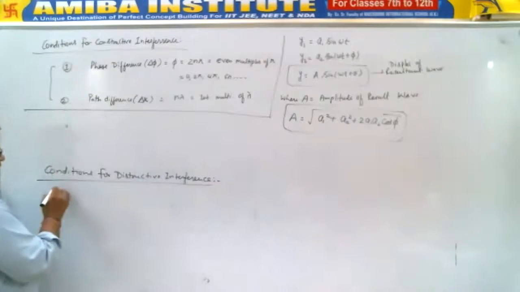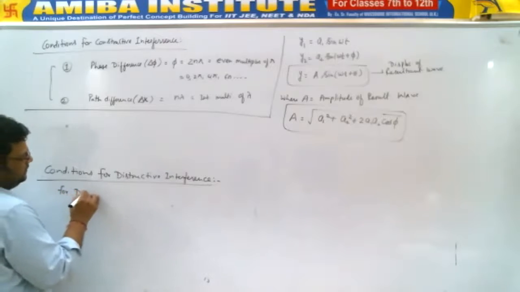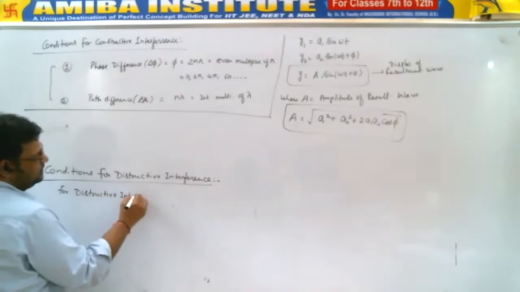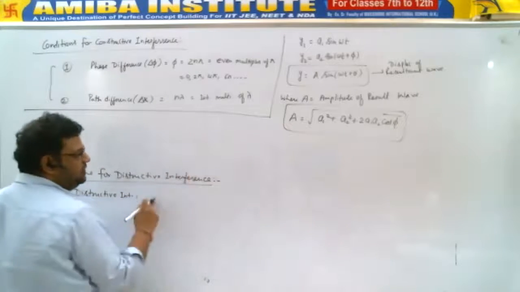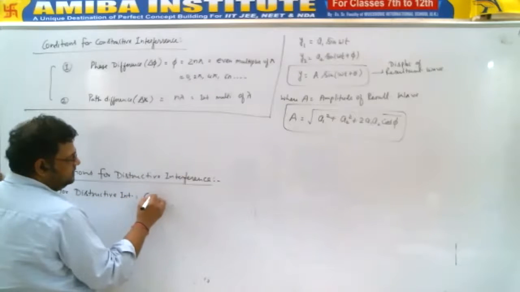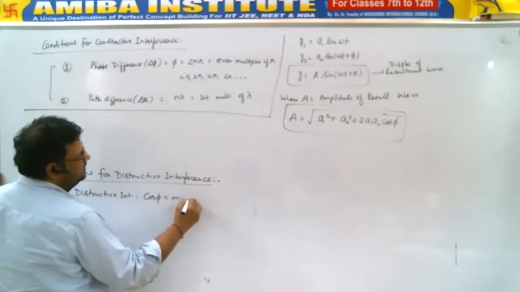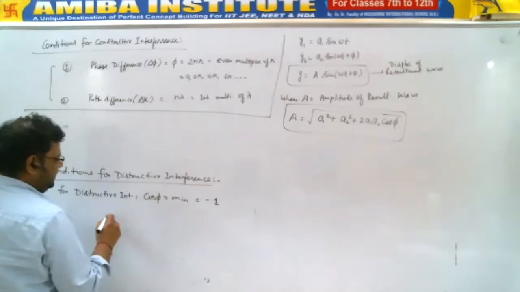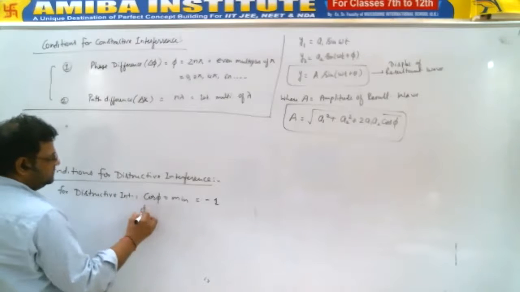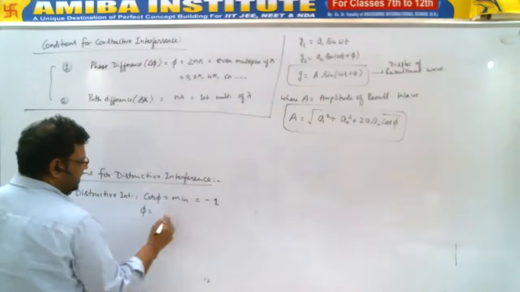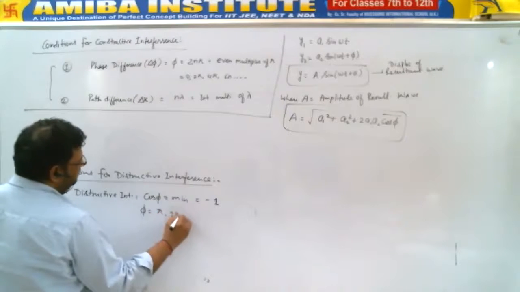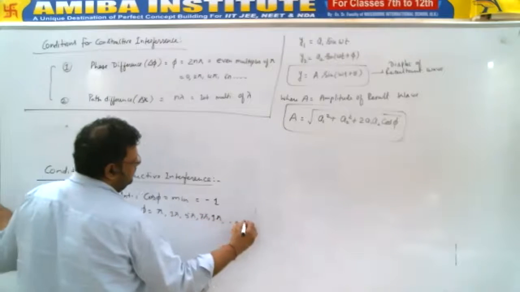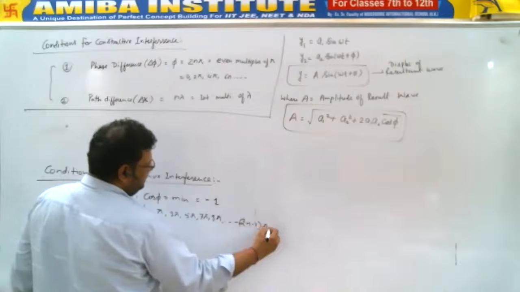So for destructive interference, A should be minimum when cos phi should be minimum, and we know that the minimum value of cos phi is -1. At what angles phi will cos phi be -1? It can be pi, 3 pi, 5 pi, 7 pi, 9 pi, so on, 2n minus 1 pi.